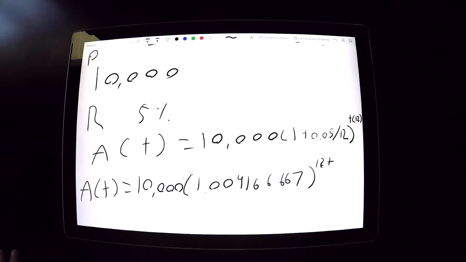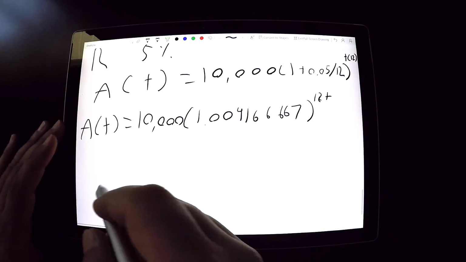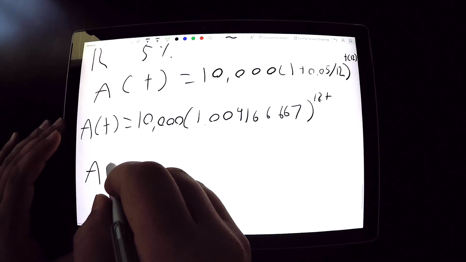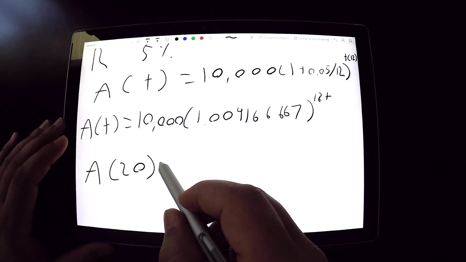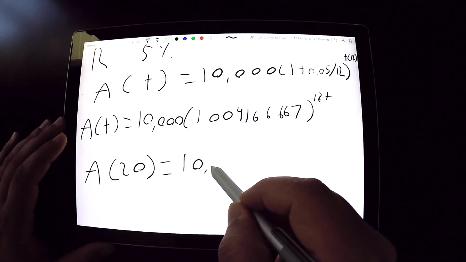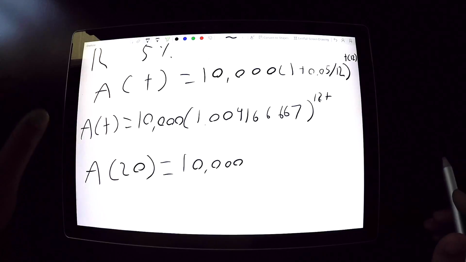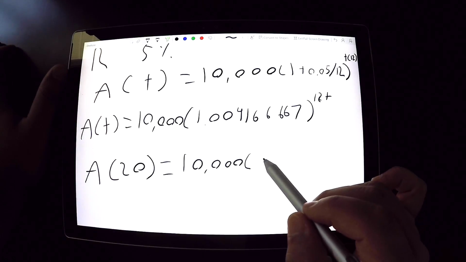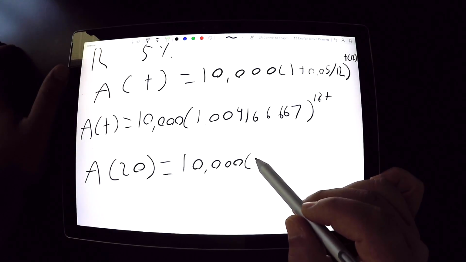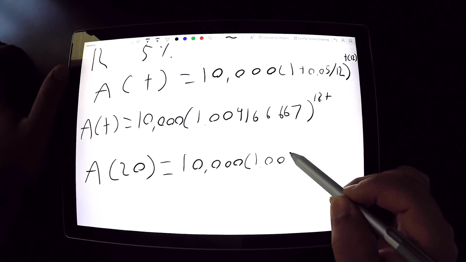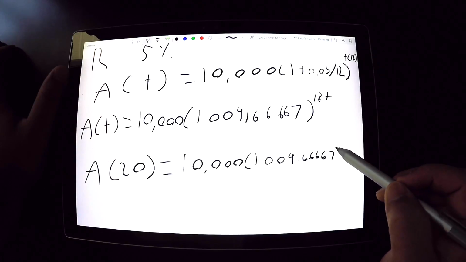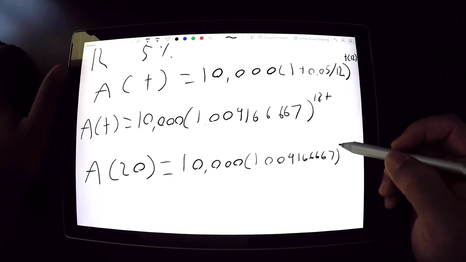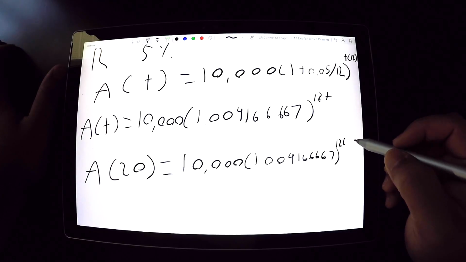Now, after 20 years, A of 20 is equal to 10,000 times 1.004166667, that's a mouthful, to the power of 12 times 20.